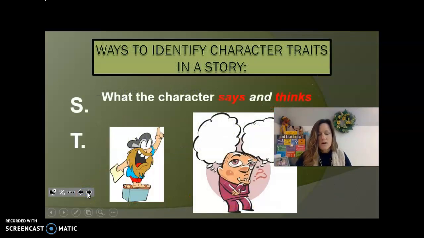So, ways to identify character traits in a story. In the video that you watched yesterday, it told us that there was an acronym, STEAL, S-T-E-A-L, that could help us to remember the ways to identify character traits. The S stands for what the character says, the T, what the character thinks, okay?